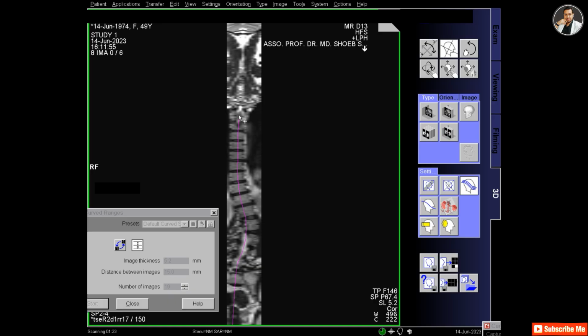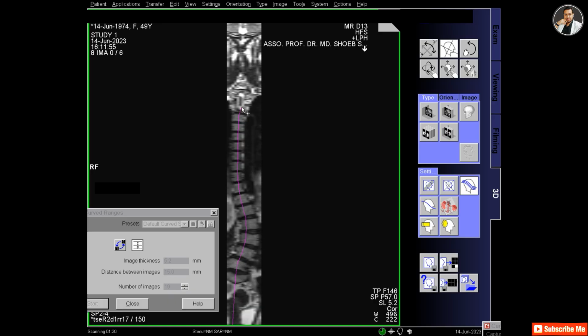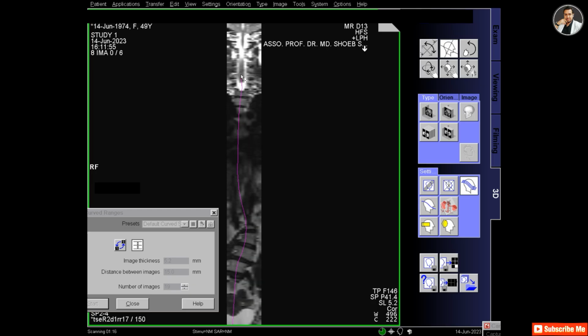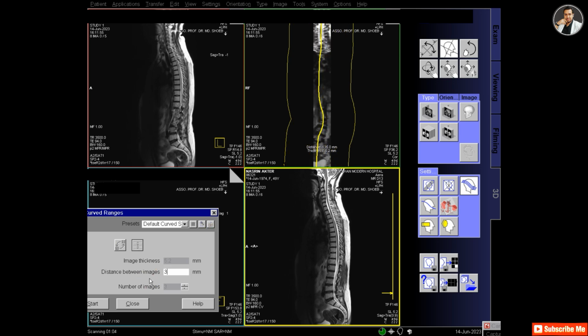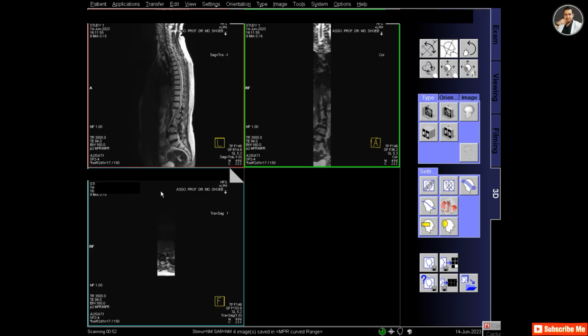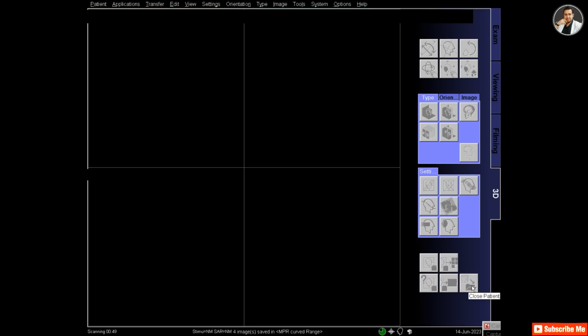Going along with the spinal cord and changing the image, I find the spinal cord and draw the line over it, and slowly I go up, and at the base of the skull I finish and double click, and here the mid sagittal spinal cord appeared. I am making 3 images of this and saving it. Click start and then close, and yes, it will be saved.